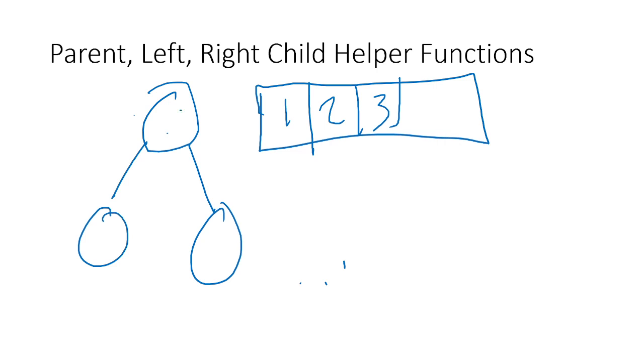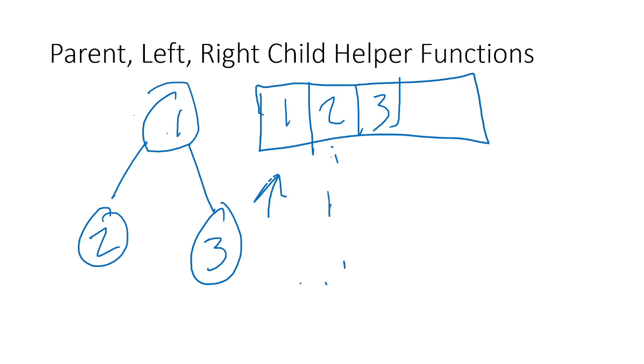Now 1 is right here in this location, then 2, and 3. Now, how do I know where to get my parent? Well, parent is always located at a certain index. So, for example, let's say I'm at this index, if my mouse will be working and cooperating.